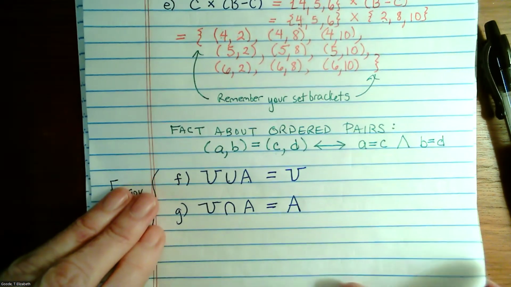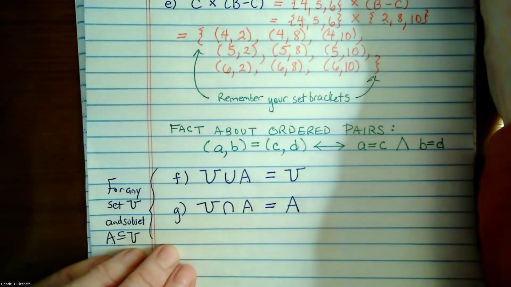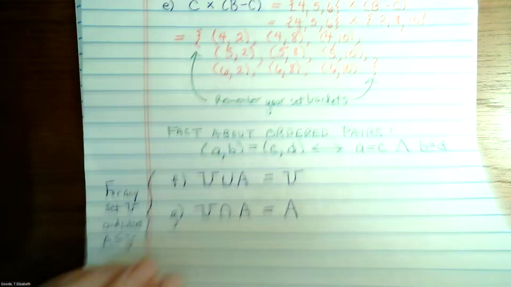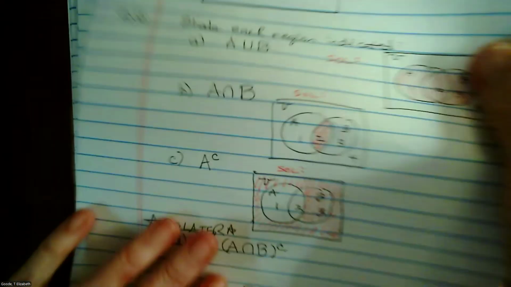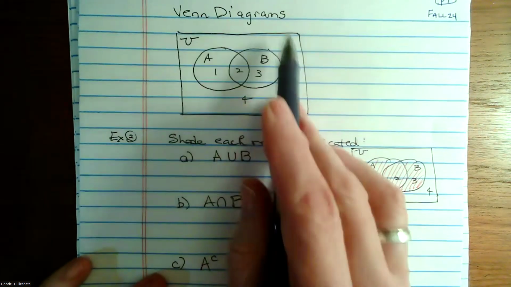I just want to show you now a nice diagram called Venn diagrams, if you wanted just a picture to help you understand some of these set operations. And again, you're not going to be tested on this. But there is a thing called a Venn diagram.